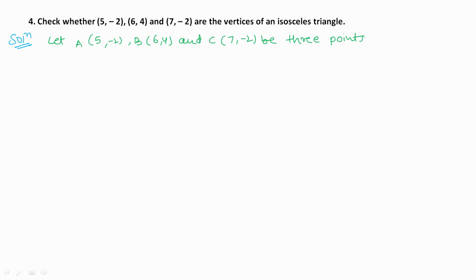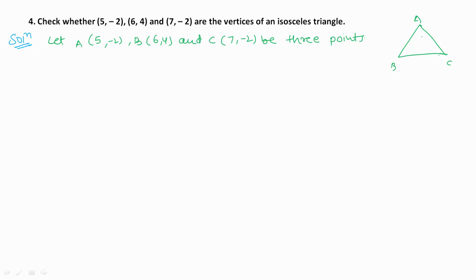So what is the definition of an isosceles triangle? A triangle in which two sides are equal. So that triangle is called an isosceles triangle. Suppose ABC is a triangle.